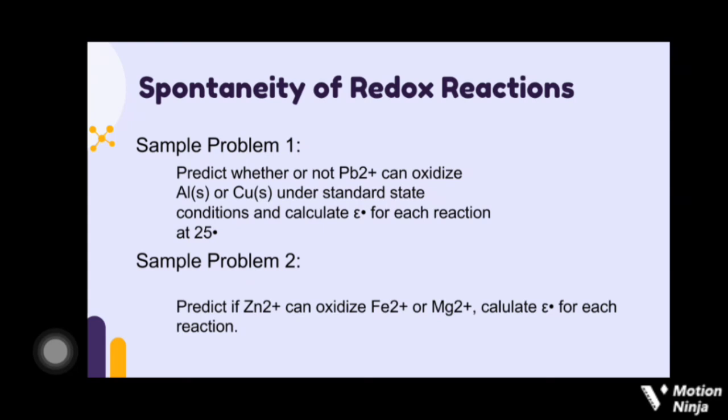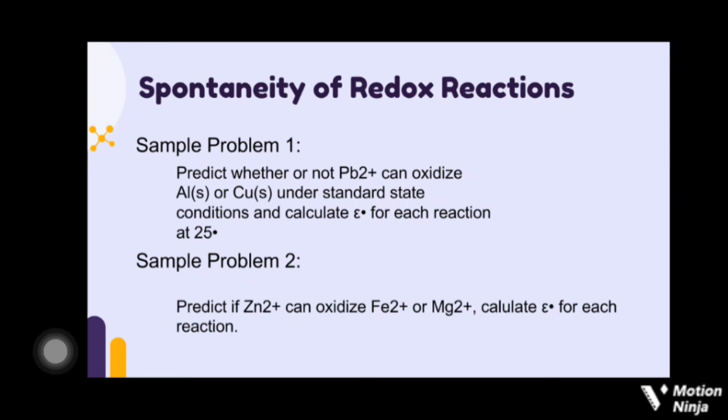So the formula is E naught cell equals E naught reduction plus E naught oxidation. And then identify if it is spontaneous or not spontaneous.